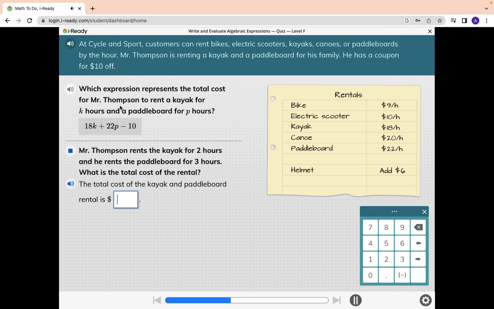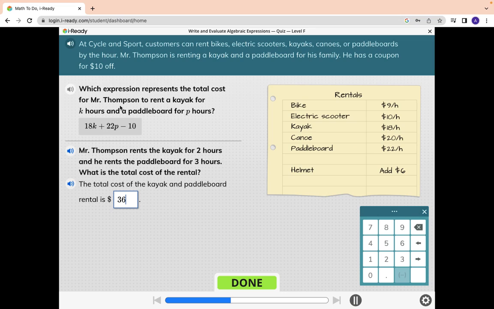Mr. Thompson rents the kayak for 2 hours, and he rents the paddleboard for 3 hours. What is the total cost of the rental? So the total cost is going to be $18 times 2 for the kayak, 36, plus 22 times 3, 66.